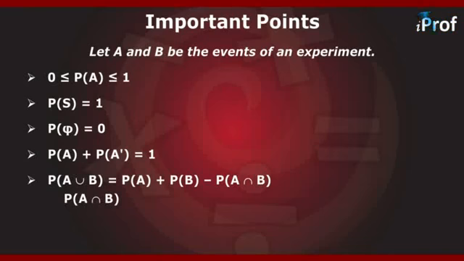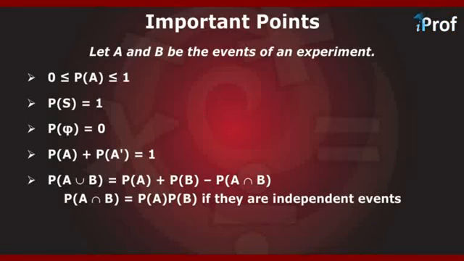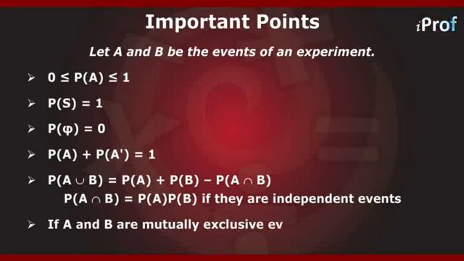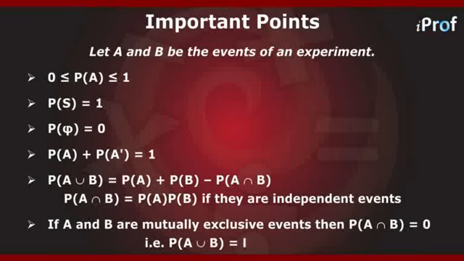P(A intersection B) is equal to P(A) into P(B) if they are independent events. If A and B are mutually exclusive events, then P(A intersection B) is equal to 0. That is, P(A union B) is equal to P(A) plus P(B).